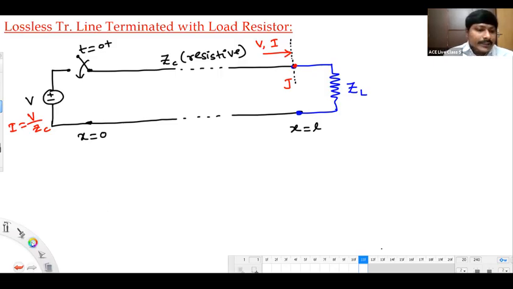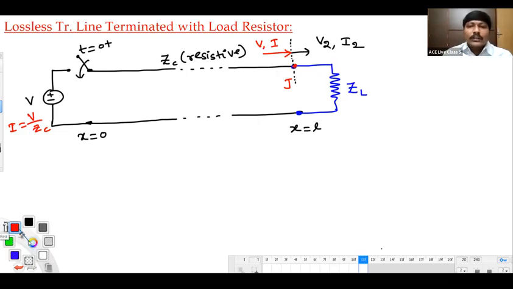So I can say the resultant voltage and currents after reaching the junction might be modified to V2, I2, for the condition we are talking about now: ZL not equal to ZC. So we will be writing that statement.